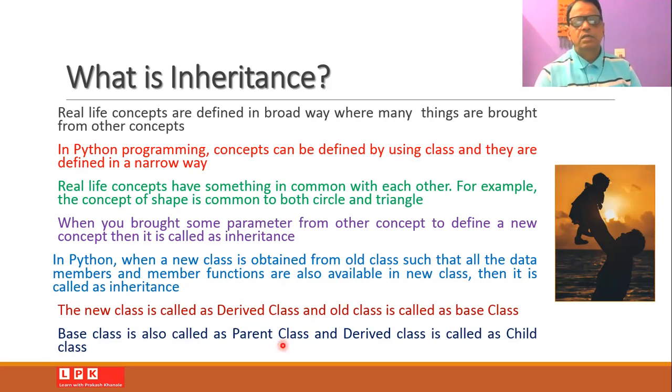The base class is sometimes called the parent class, and the derived class is sometimes called the child class. In programming, many of the things we use are actually borrowed from real life.